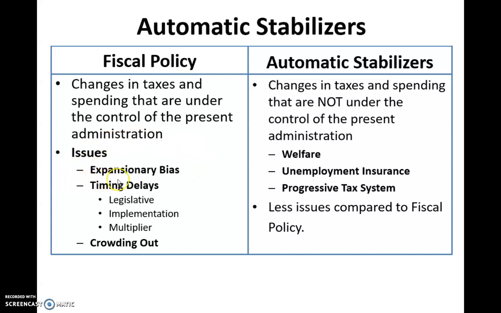This is called an expansionary bias, because the goal of good fiscal policy would be to stabilize the business cycle. That would mean that they would respond equally to recessions with fiscal policy as they would with booms and expansionary periods. But they don't. They respond to recessions by expanding the economy, but when we're in a boom, when inflation is creeping up but the economy is well above potential, they don't want to get involved because the things they have to do are not politically palatable.